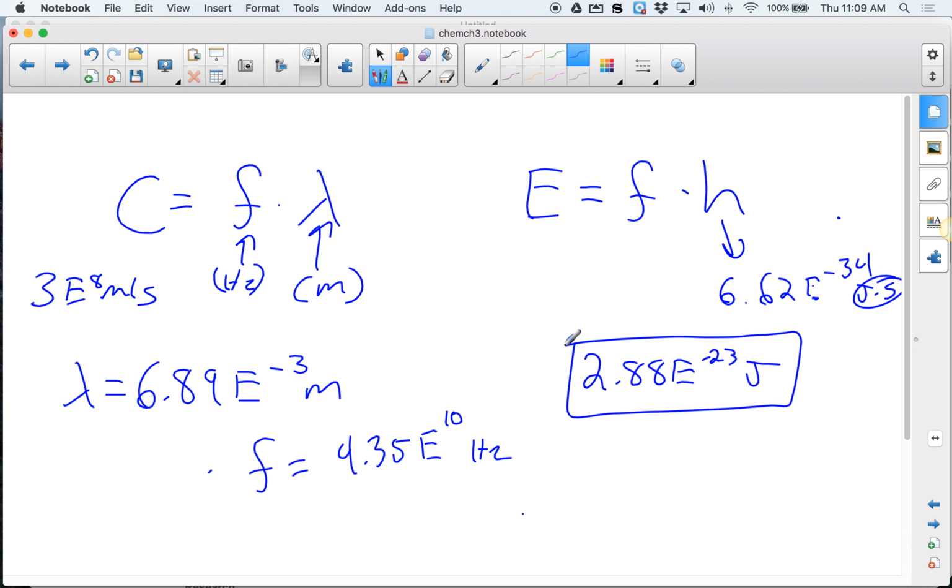Okay? The thing to remember is energy is measured in joules. And really when you do the math, hertz is 1 per second. It's 1 wave per second. So when you multiply 1 wave per second times joules times seconds, the seconds cancel out, and that's how you get joules.